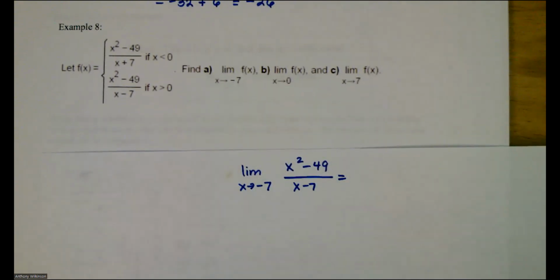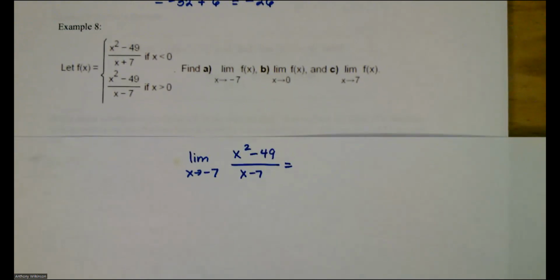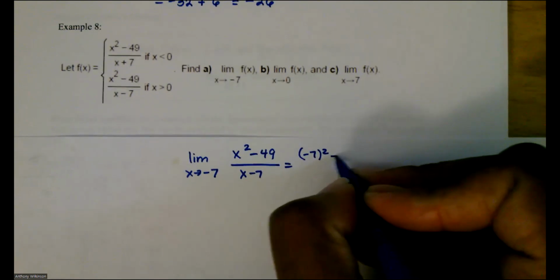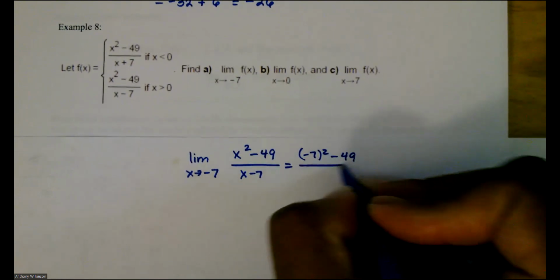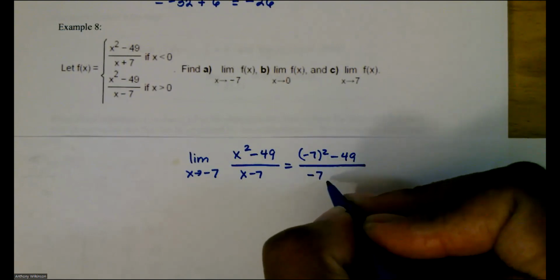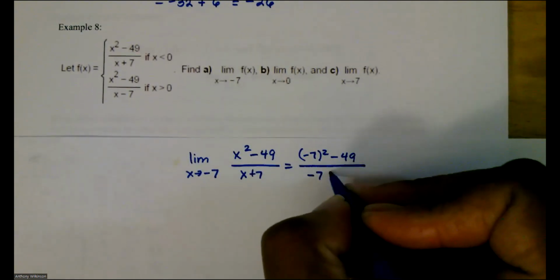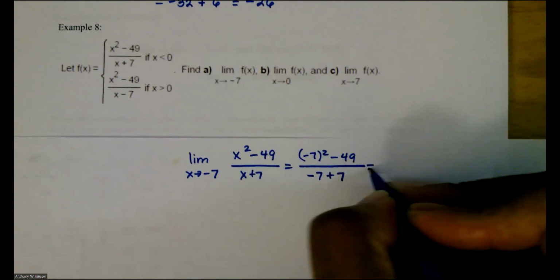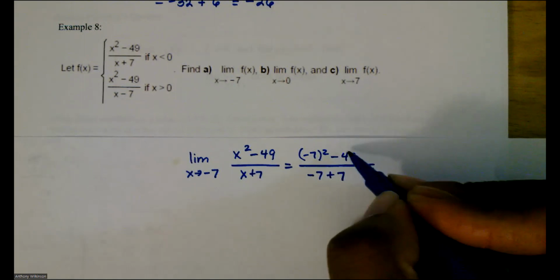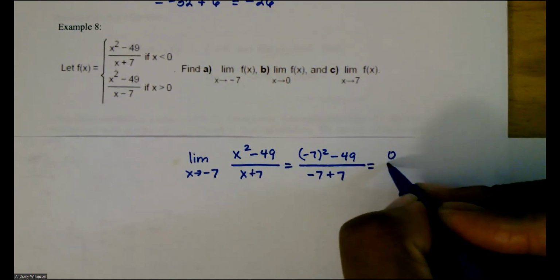Let's say I wanted to do direct substitution here. So that means negative 7 squared minus 49 in the numerator. The denominator, I have negative 7, and this should be plus 7. If I square the negative 7, I'm going to get 49. 49 minus 49 is 0.